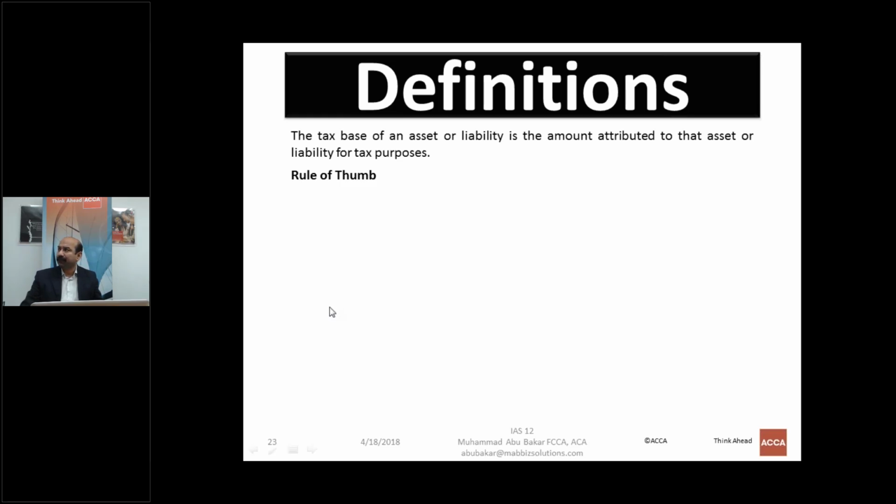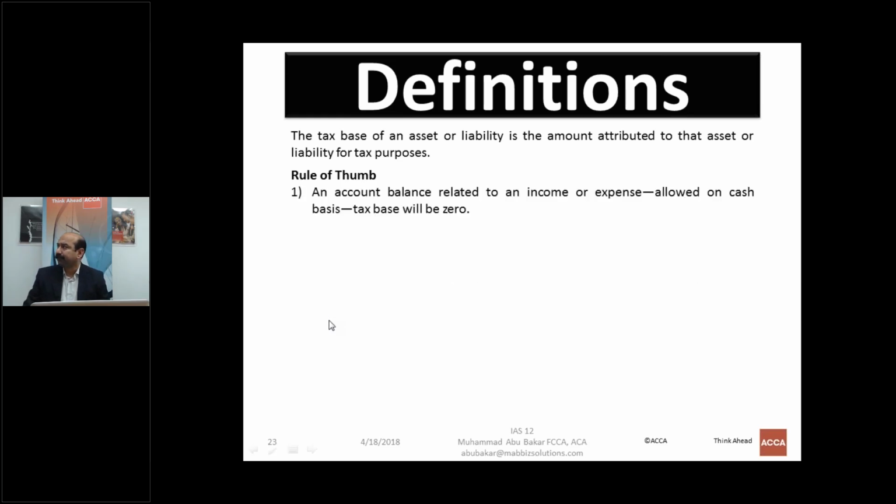What is the rule of thumb? Number one, an account balance related to an income or expense allowed on cash basis, its tax base will always be zero. Number two, the tax base of a permanent difference will be equal to its carrying value.